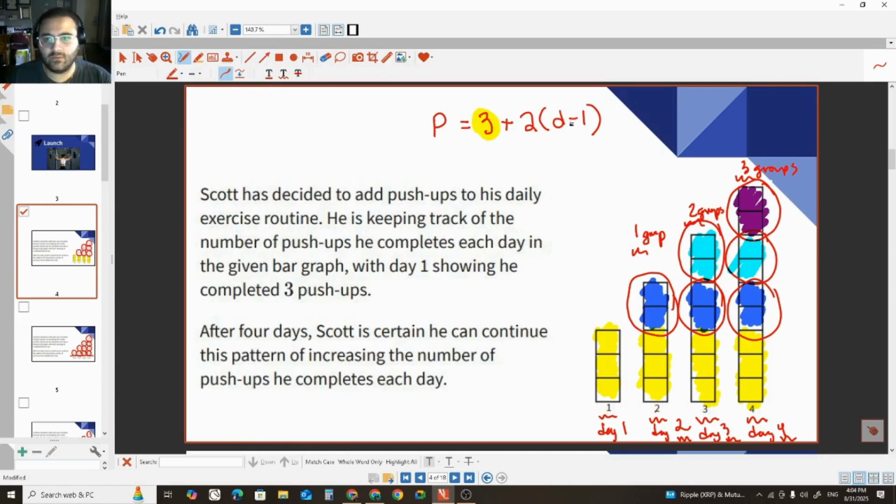So this is the 3 in each day. This is basically 2 groups of d minus 1. So this is one explicit equation that we can find.